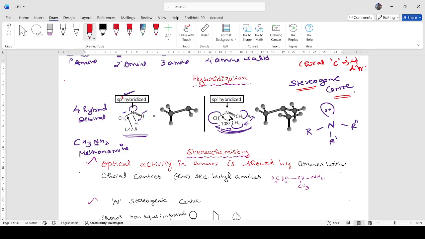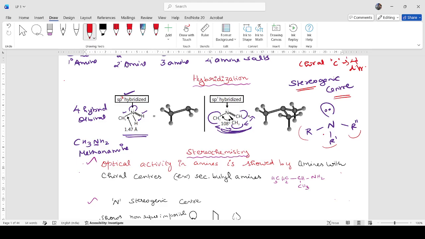It is not typically carbon bonded with four different groups. It could be an atom having a lone pair and bonded with three different groups, or a double bonded species where each olefinic carbon is bonded with two different groups. In such cases, there is a difference when I interchange their positions. In three-dimensional space, when I interchange their positions, they take different orientations. In that case, I call it a stereogenic center.